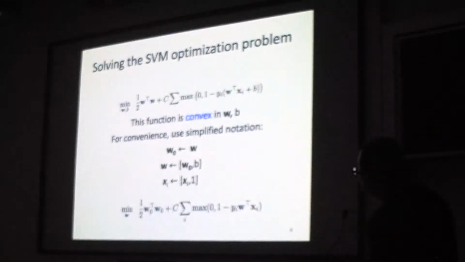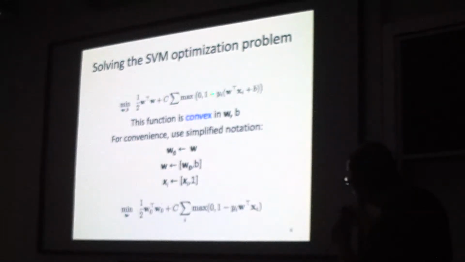Okay, so first, let us look at the definition of convex functions. The conclusion for support vector machine is that this objective function is convex. It's convex in both the feature weight vector W and bias B. This is really easy to show, so I'm going to leave it as an exercise for you, but I can tell you that the first term is a quadratic term, which is for sure a convex function.